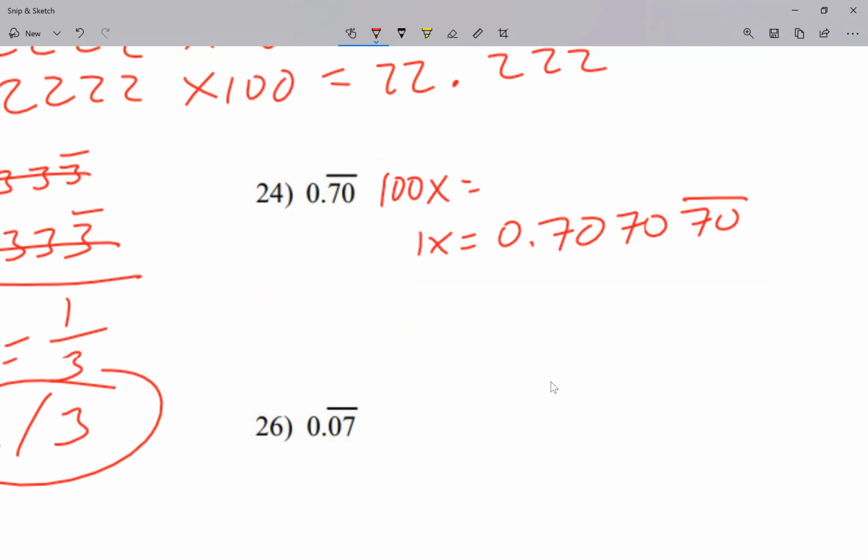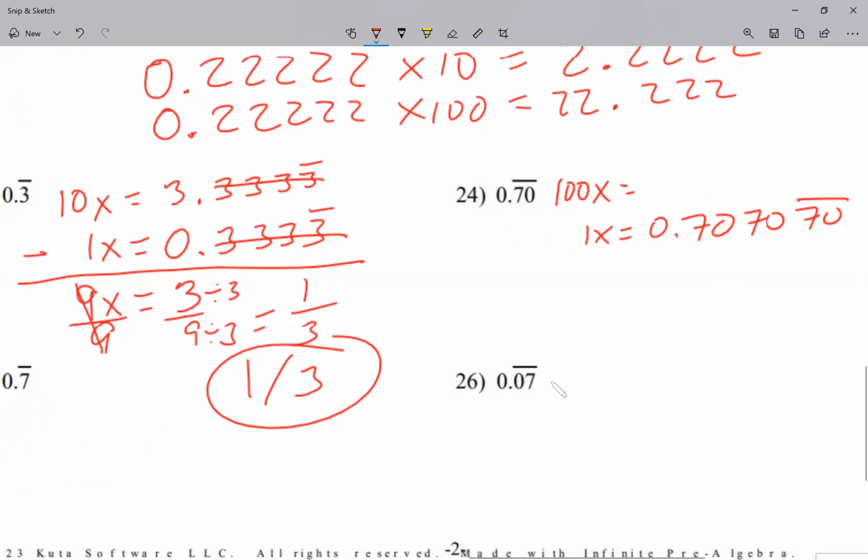Notice in question number 23, I multiplied by 10 only, but in number 24, I'm multiplying by 100. The difference is that on number 23, only one number repeated, so only 1 zero. Number 24 has two numbers that repeat, so 2 zeros.